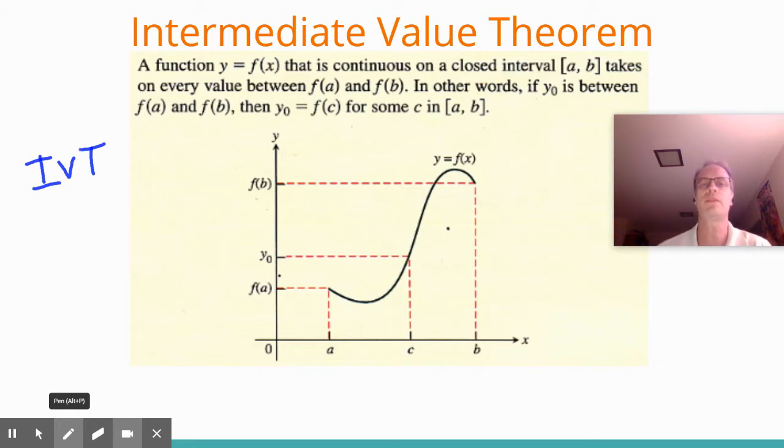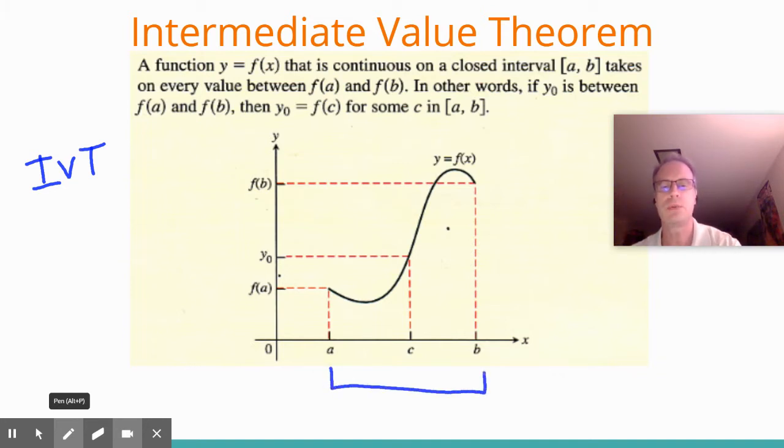So on the intermediate value theorem, or the IVT, well, I could read it to you, but I'm not going to, because what it's saying is I've got some limitations. I'm going to say in between A and B, and in between f(A) and f(B), is what I'm considering.